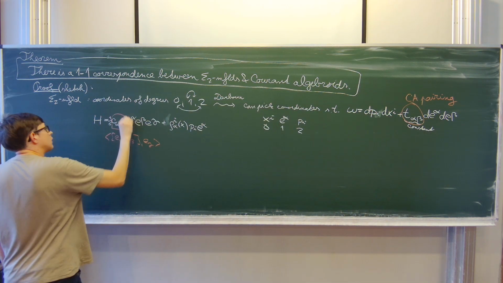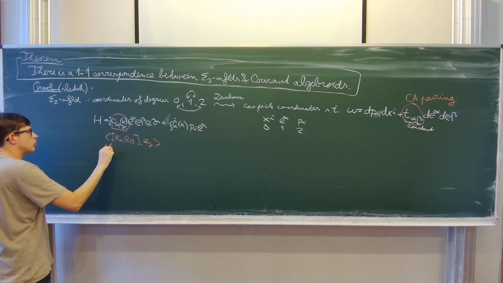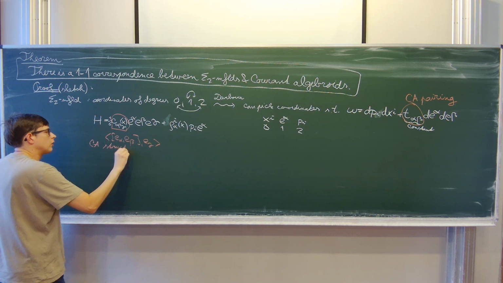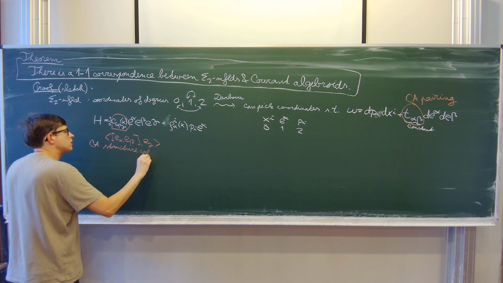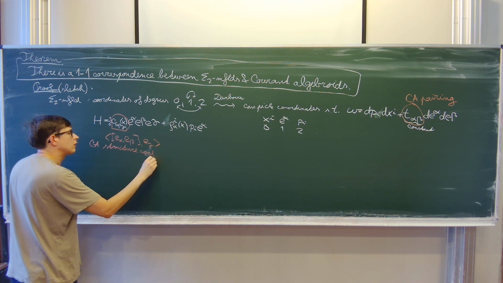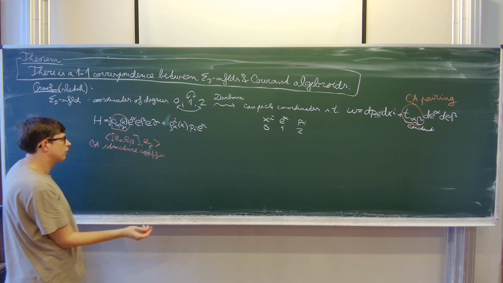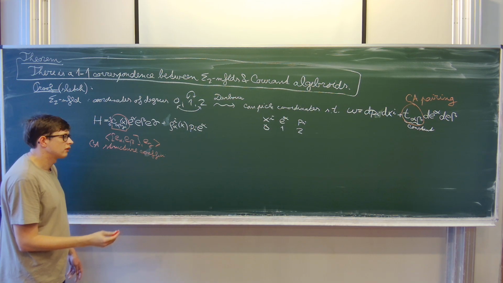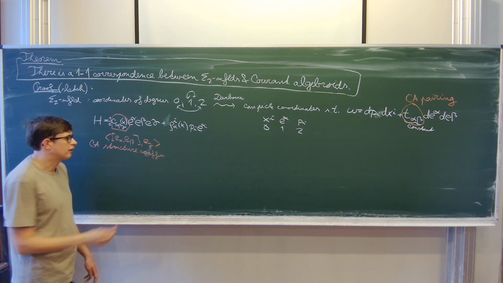This is the structure coefficients of the Courant algebra. I don't want to call them constants because they depend on x. Coefficients. There's 1 f, right? No, 2 f's. So thank you. Or 3?